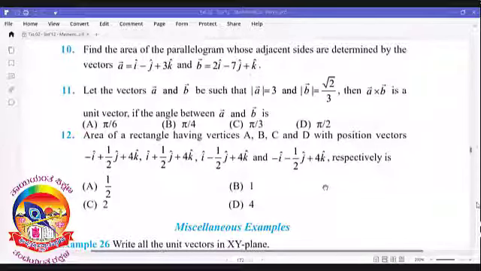I hope you are going to get 20 I bar plus 5 J bar minus 5 K bar. Find the magnitude of this one. It is 400, 20 squared, plus 25, am I right? Plus 25. Simplify this and you are going to get the answer.